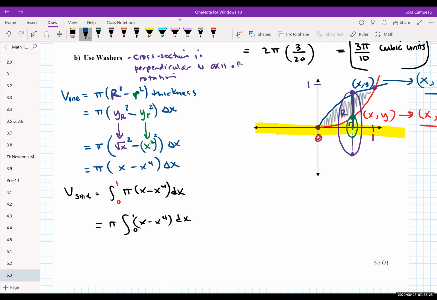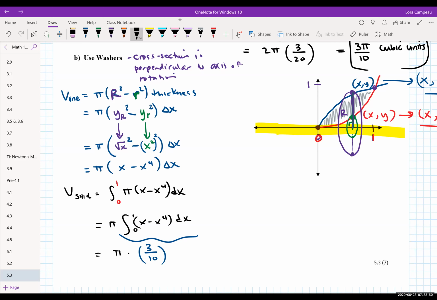Take our time with the TI on this. Notice with the TI, if we press the math key, function integral, put your lower limit in, your upper limit in, type in your integrand with respect to what variable, press enter, and we have 3 over 10, but we still had a pi.